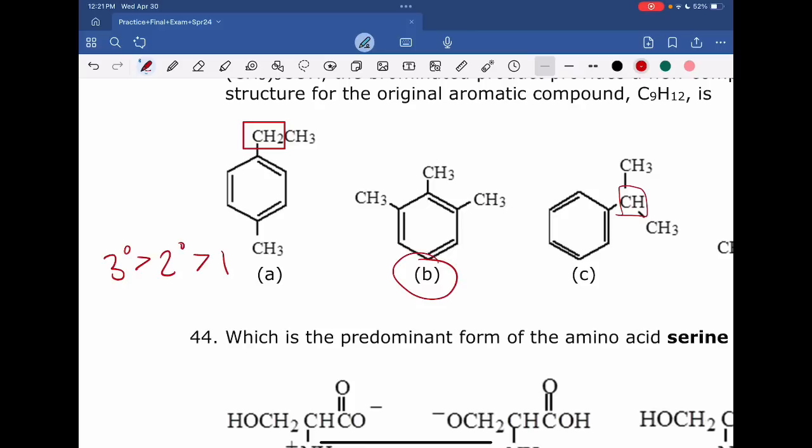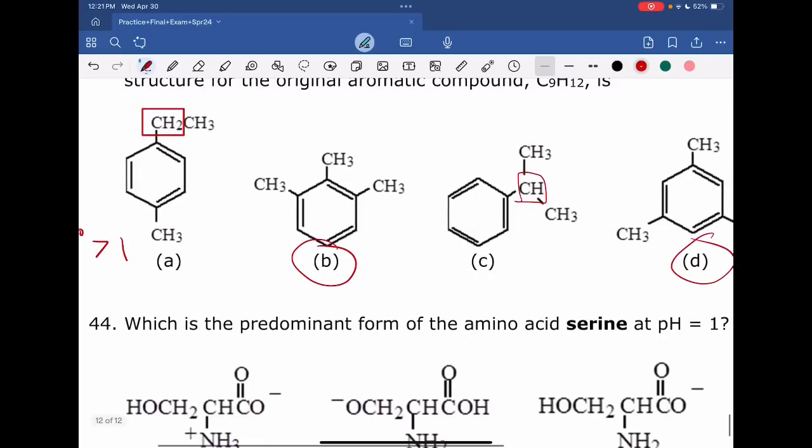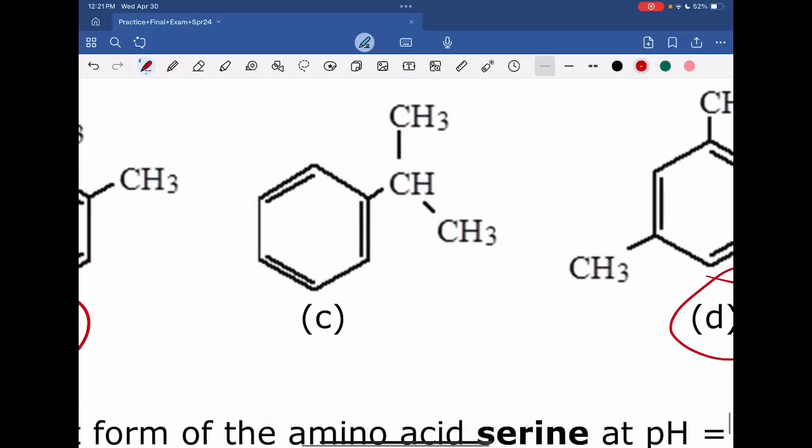So this reaction would give a higher yield if you do it on C, because C does have a tertiary carbon, whereas A doesn't. So what's going to happen is you brominate here, and then you eliminate one of these H's with a base. And this leaves. So it's C.